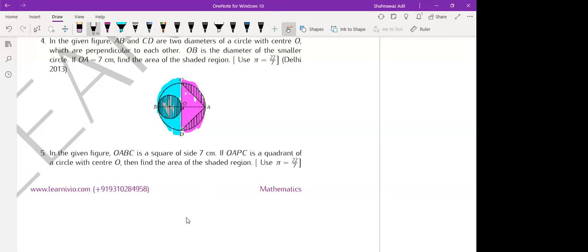Now everyone has joined. Sir, in the right hand side, we'll find the area of the semicircle and then subtract the area of the triangle. Yes, so semicircle minus the triangle. Good. And what about this one? Left hand circle. So we can just find the area of the semicircle minus the area of the small circle.